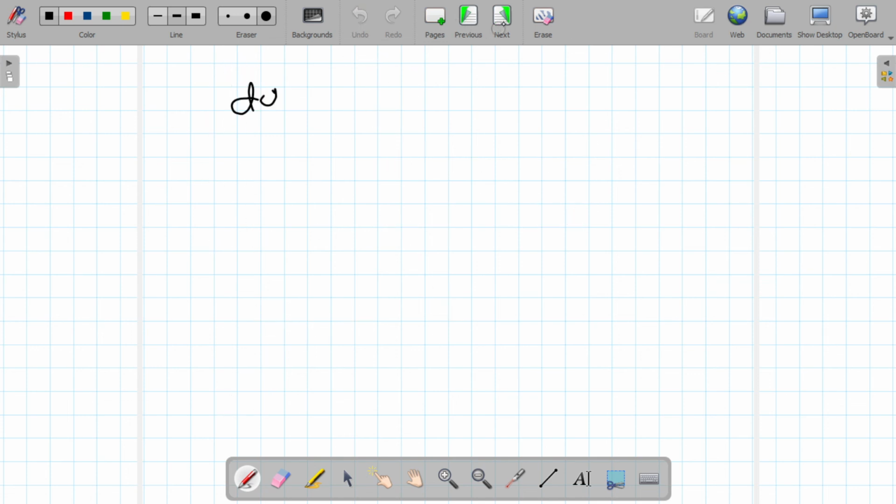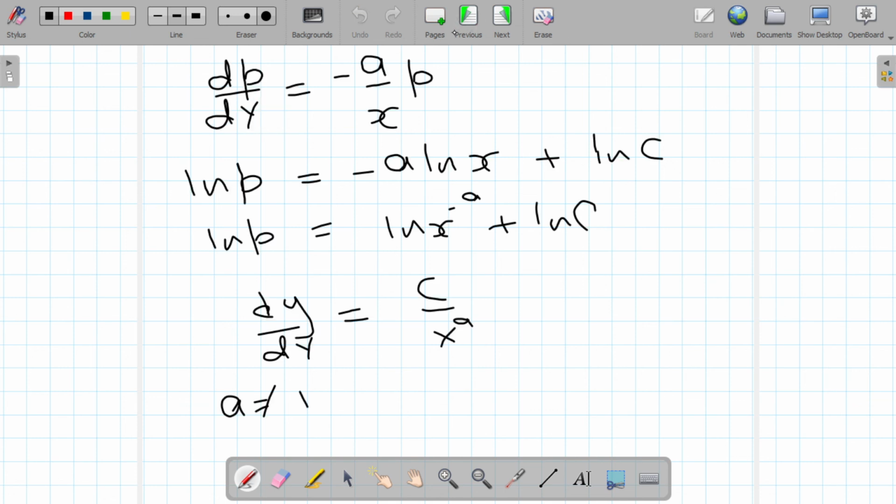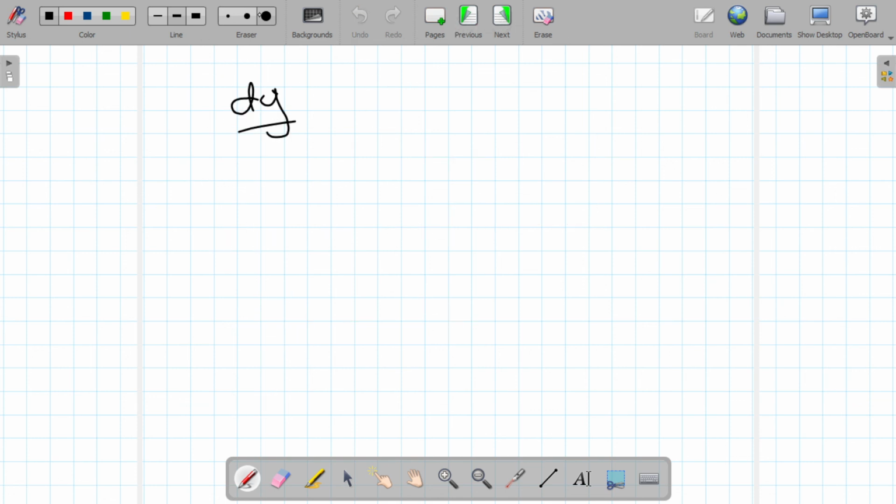we've got dy just on its own, actually. So let's rub that out. So we've got dy equals the integral of c over x to the a dx, right?